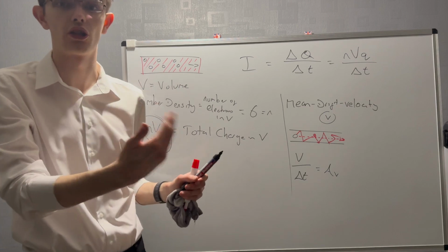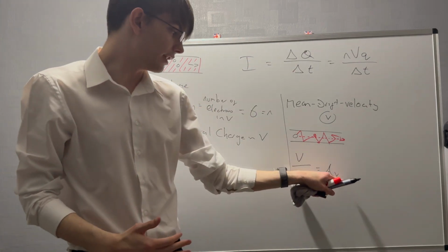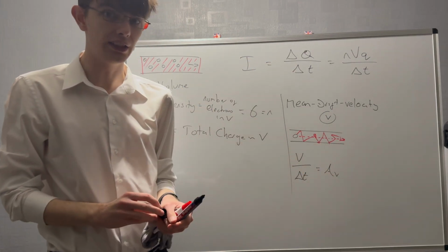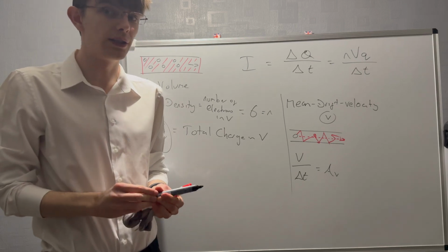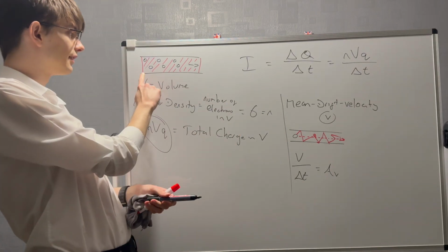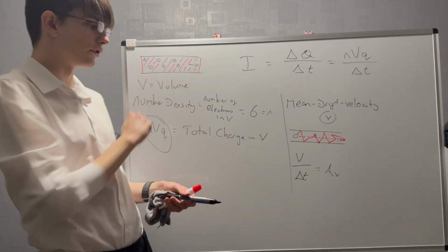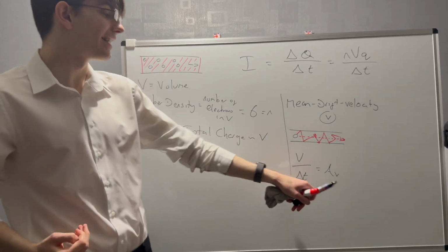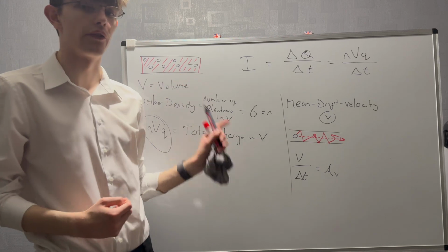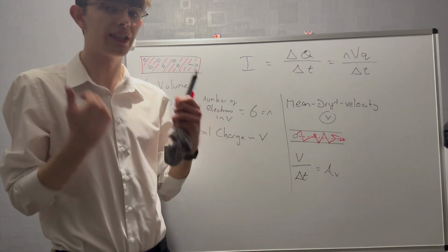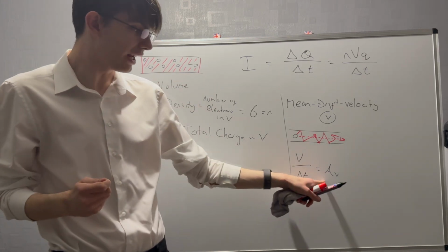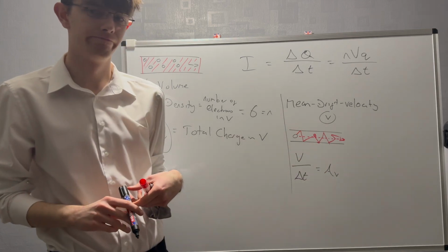The volume is the cross-sectional area times the length. The time and the mean drift velocity, well, if we boil it down to speed equals distance over time, that distance is going to be the total horizontal distance travelled, and hence they're off also by the length of the wire. So because they both differ by this same constant of proportionality, I can equate them.